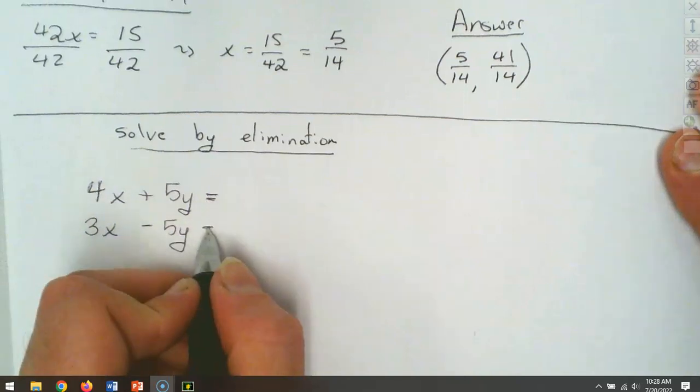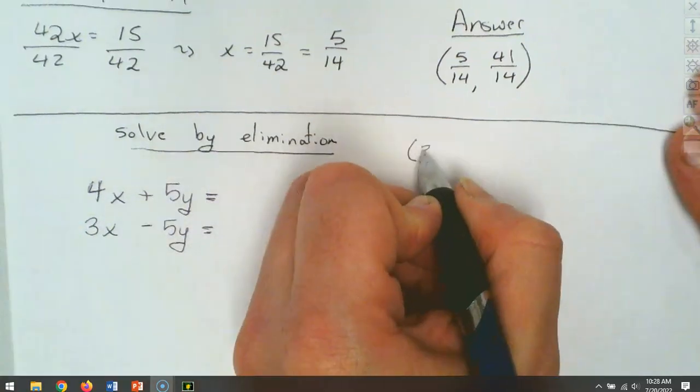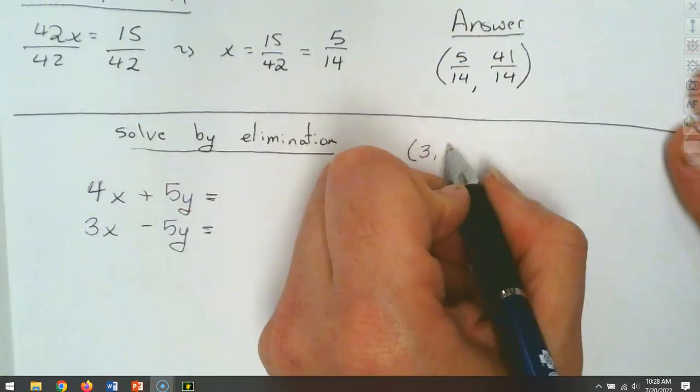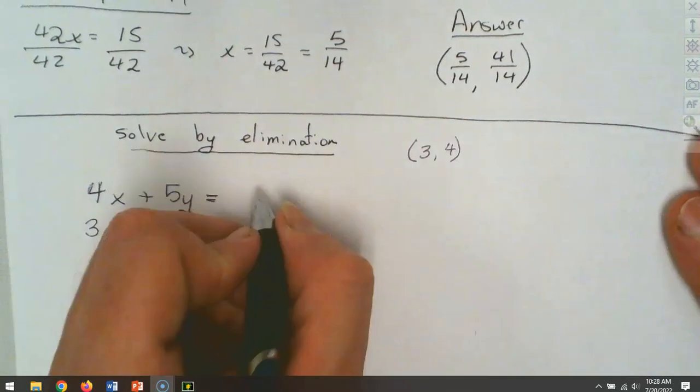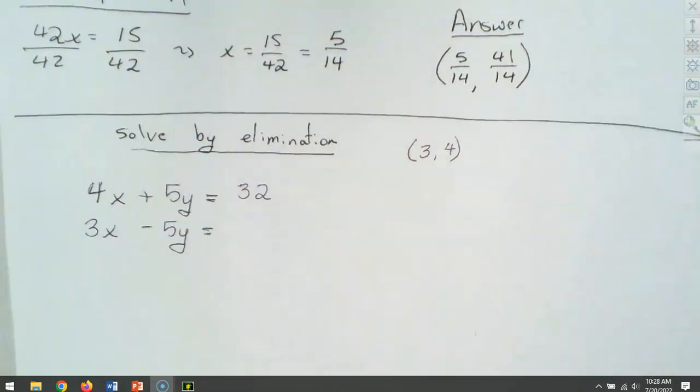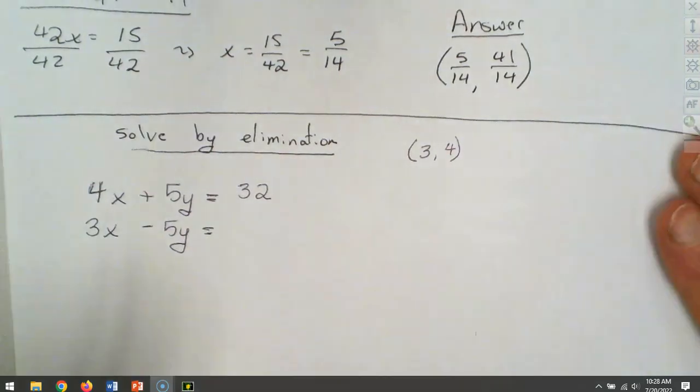I'll try to make sure these are whole numbers. Okay, so make sure these are going to come out right. So that should be a 32, and the other one is going to be a minus 11.